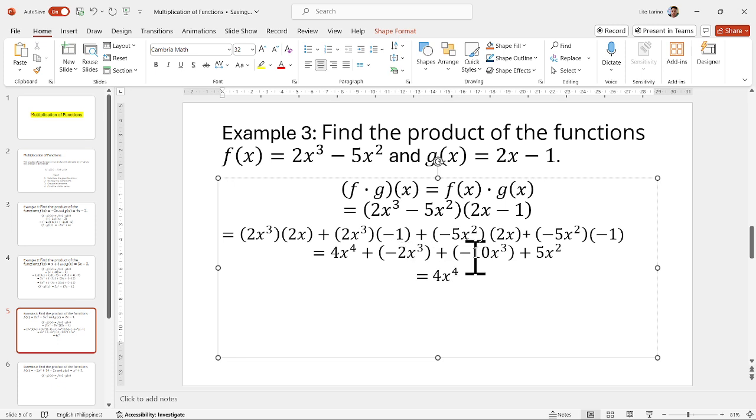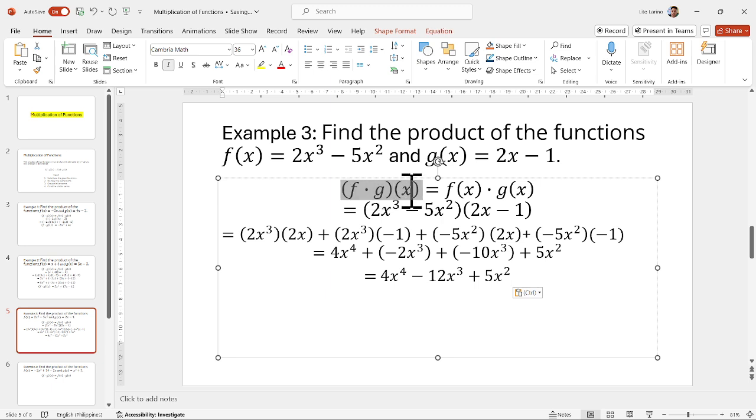Negative 2x cubed plus negative 10x cubed is negative 12x cubed. So we will just write it directly, negative 12x cubed, plus 5x squared, since we will just bring it down.